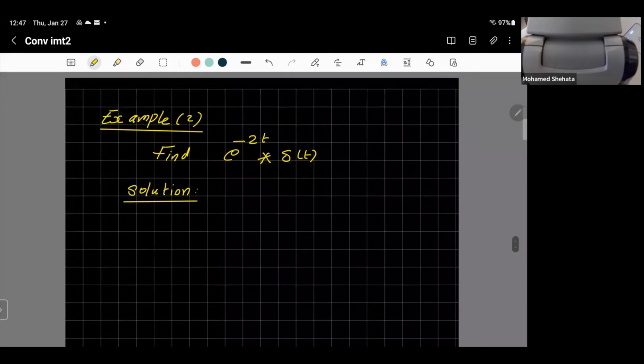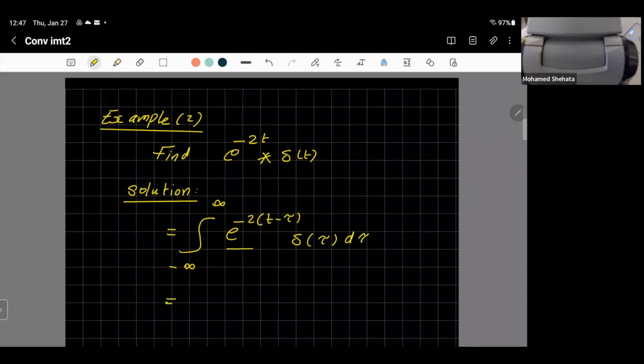You are going to say that that will be equal to the integration from negative infinity to infinity of e to the power of minus 2t. No, you are going to replace now, since you make the integration, you have to replace t by t minus tau. And delta, we keep it tau, because we have a property that helps us. According to this integration, that's easy.